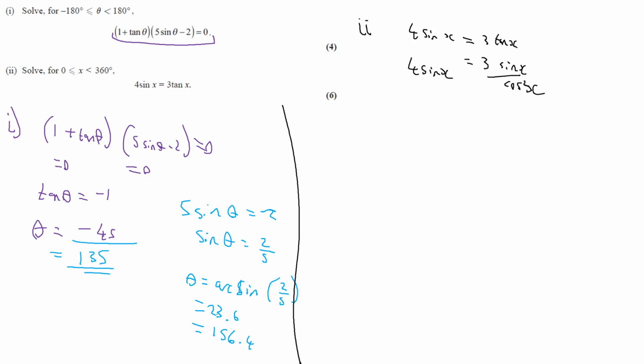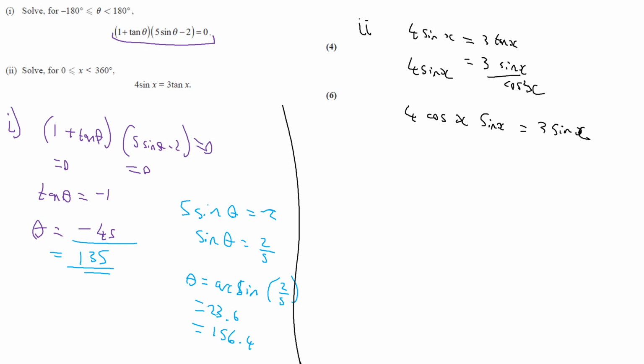Now let's get it out of the bracket. So 4 cos x sine x is equal to 3 sine x, okay?